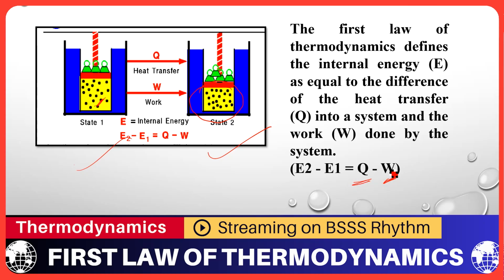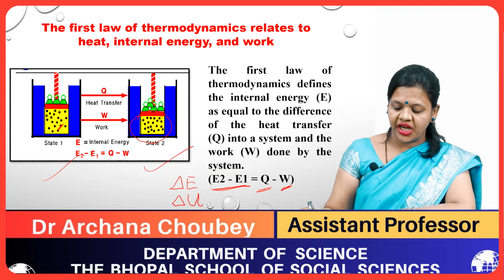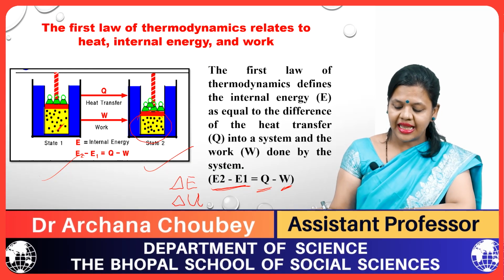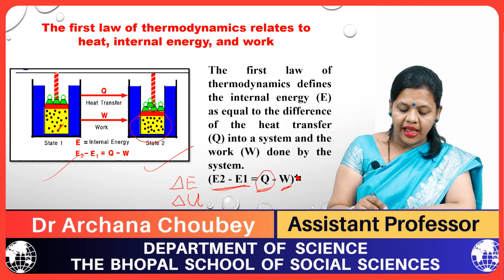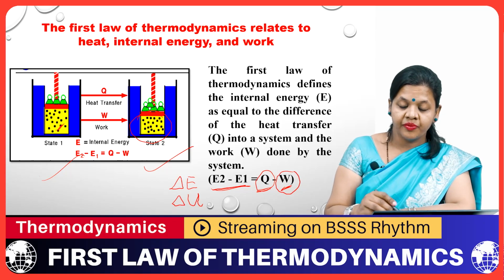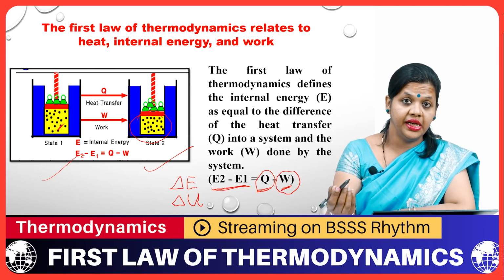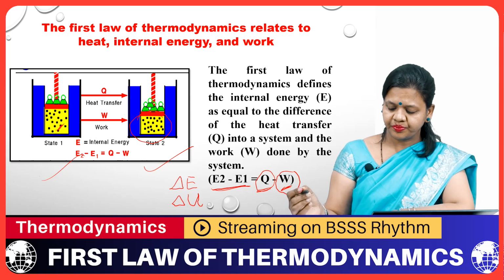The change in internal energy can be written with capital E or capital U; both are used for internal energy. So the change in internal energy is actually the difference between the amount of heat transferred and the work done by the system.